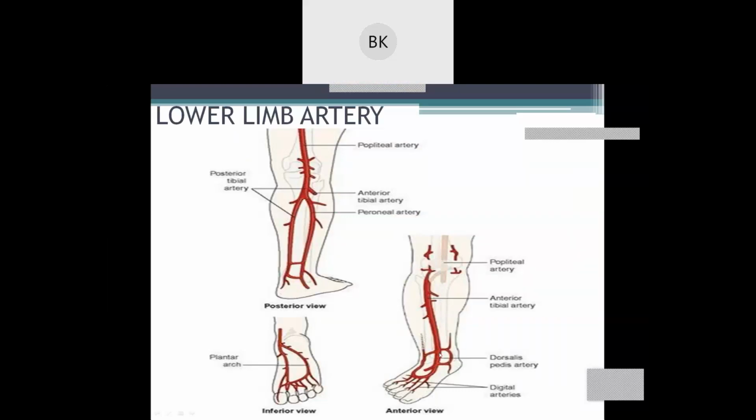There is the dorsalis pedis artery. This is your anterior tibial artery. As it comes down, it stops here at the ankle joint, and here the dorsalis pedis artery starts. This dorsalis pedis artery is found over the dorsum of your foot. This is the dorsum of your foot.